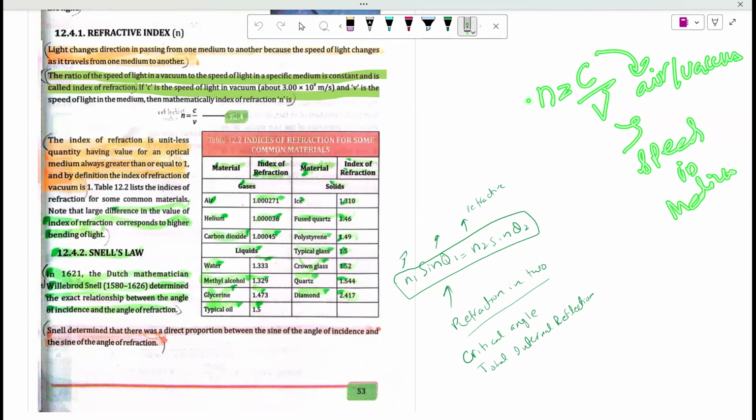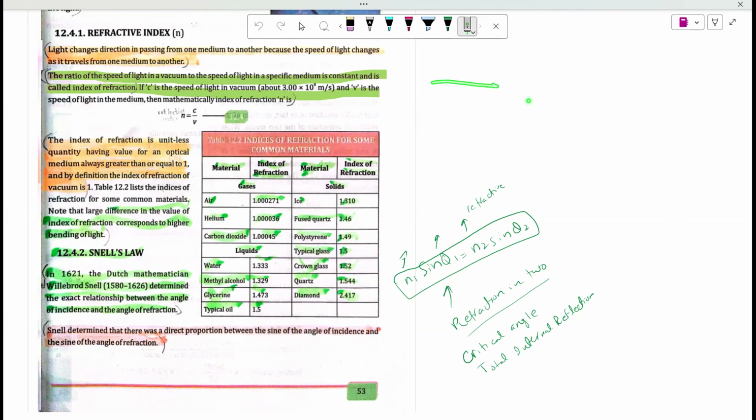From that, we discussed this thing जहाँ पे light reflect करती है. This was our normal, reflection and normal and away from normal. So incident angle, reflected angle, incident angle and reflected angle.